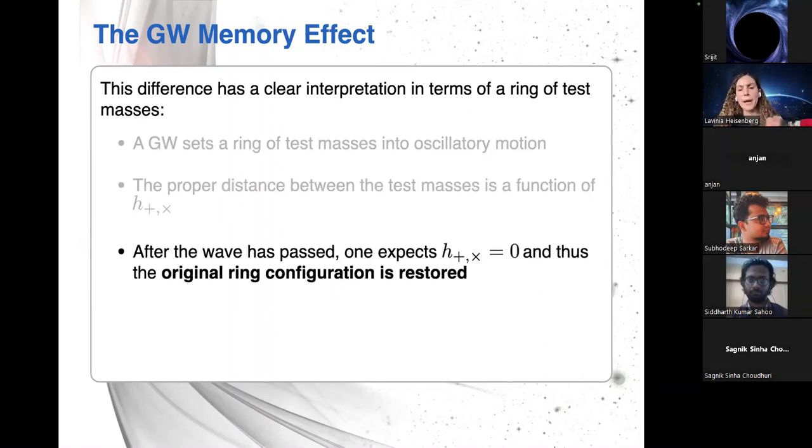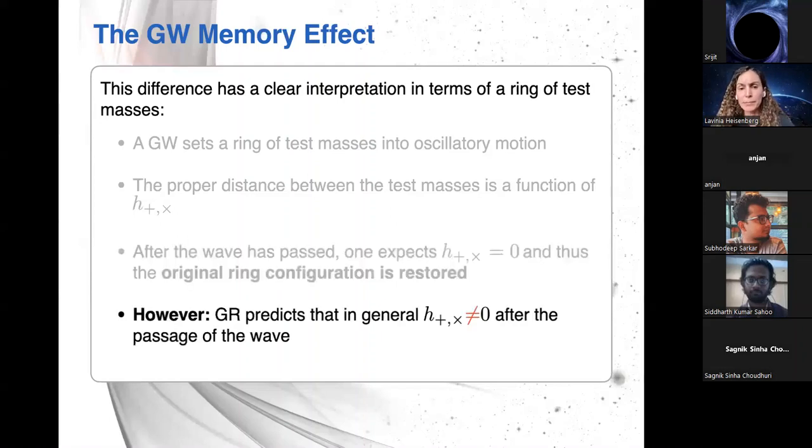After the wave has passed, one would expect that the strain is zero, and therefore that the ring would go back to its original configuration. However, GR, as I said, predicts that in general, the h plus and h cross after the passage of the wave is actually non-zero.